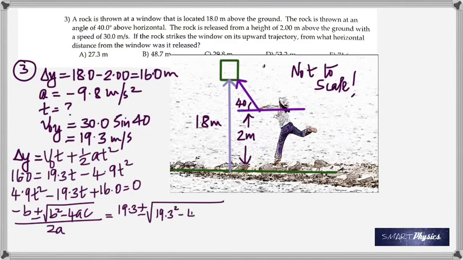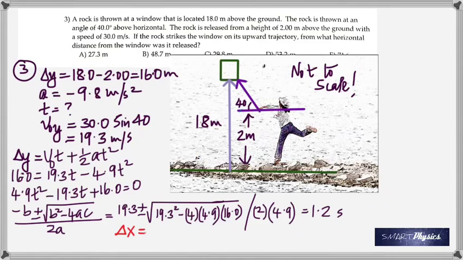It's minus b, that's why it's plus 19.3, because b is minus. Then b squared minus 4ac, by 2 times 4.9, which is 2a. You get 1.2 seconds. So it takes 1.2 seconds to get there.